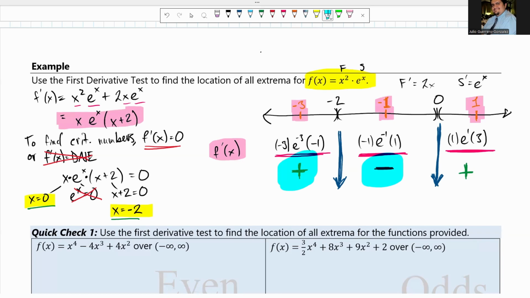If you go back to the very beginning of the section, slopes positive before, negative after, that is considered a maximum. So at -2, we have a maximum. Got it?